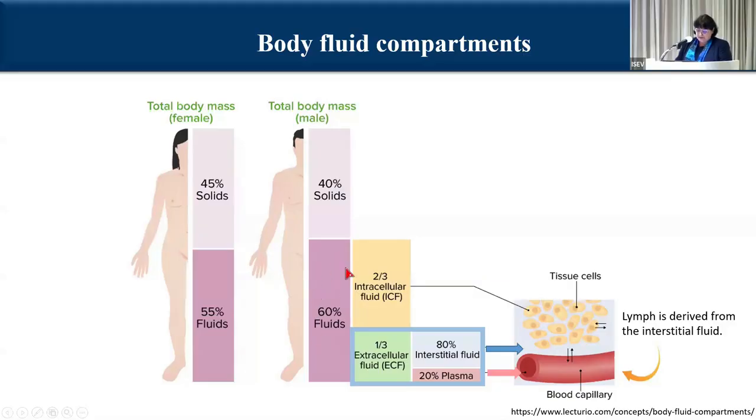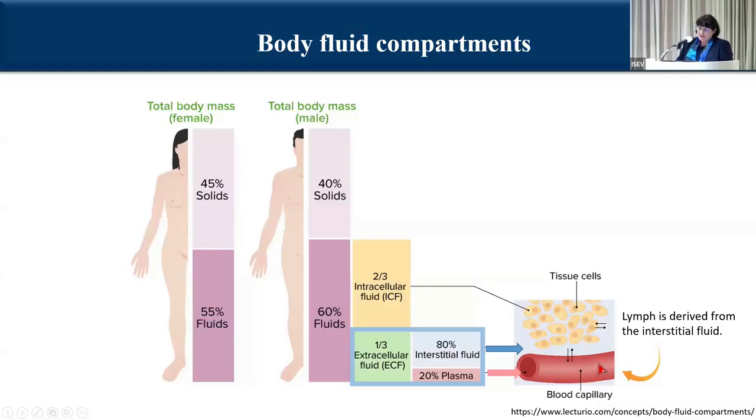Now, if we take this fluid compartment, 2/3 is intracellular and only 1/3 is represented by the extracellular fluid. However, 80% of the extracellular fluid is the interstitial fluid, and only 20% is represented by the blood plasma, which suggests to me that this interstitial fluid, which gives rise to the lymph, is a very important component, most probably, of the blood plasma EVs, since, as I mentioned, the interstitial fluid is drained by lymphatic vessels and lymph, and it's introduced to the systemic circulation.